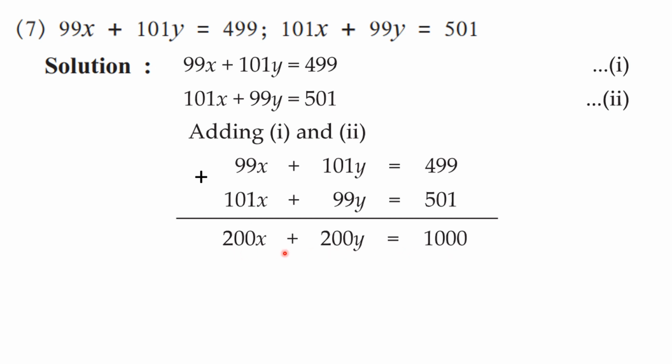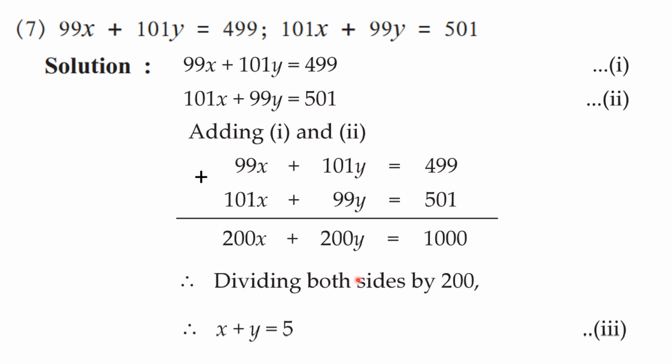All these terms are divisible by 200, so divide both sides by 200 and you get the simple equation x plus y is equal to 5. After adding these two big equations and simplifying, we got a very simple equation, x plus y is equal to 5. Number this as 3 because we need to use it again. So the first A, addition, is over.